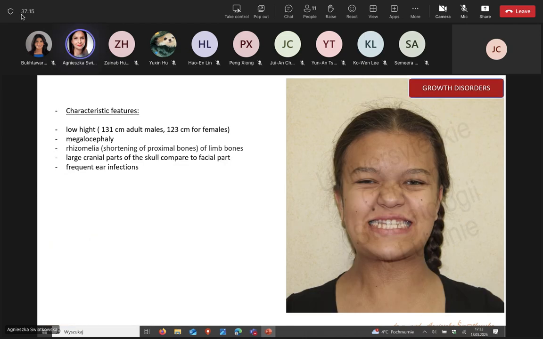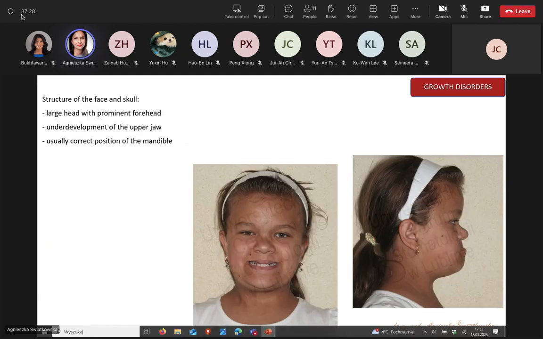Characteristic features: low height, megalocephaly, rhizomelia, shortening of proximal bones of the limbs, large cranial part of the skull compared to the facial part, and frequent ear infections. Typical in this situation is a large head with prominent forehead, underdevelopment of the upper jaw.